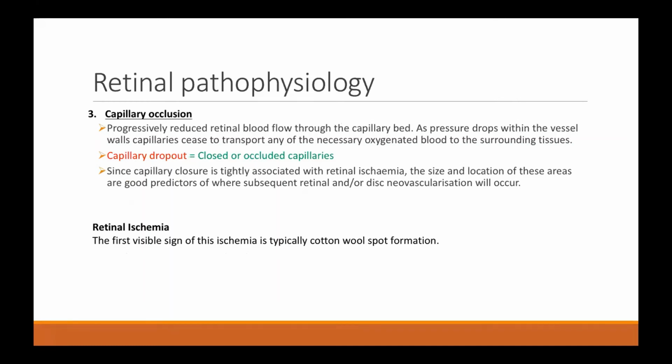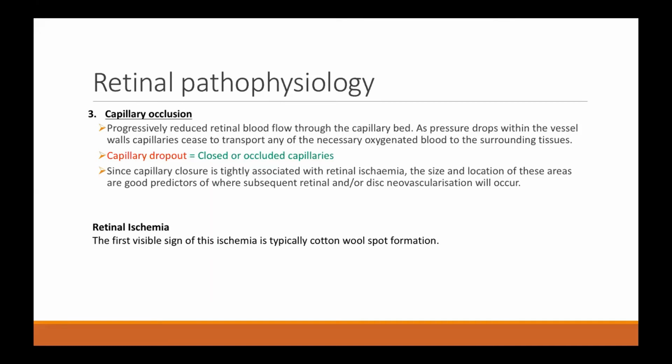This is what we call capillary closure, and it is tightly associated with retinal ischemia, ischemia being inadequate blood supply to that particular area. It's a good indicator of where subsequent neovascularization will occur. Retinal ischemia is the first visible sign, and you can tell by what we call cotton wool spots.